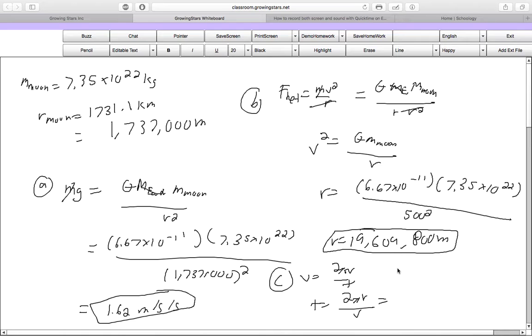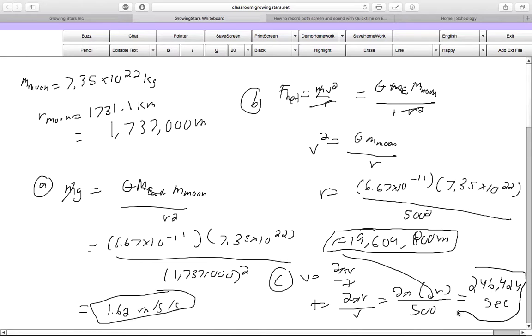We substitute our values in, since it's moving at 500 meters per second, so that's 2 pi times r over 500, and that gives you a period of the satellite's orbit of 246,424 seconds. And that is how you solve a problem like this with regard to circular motion.